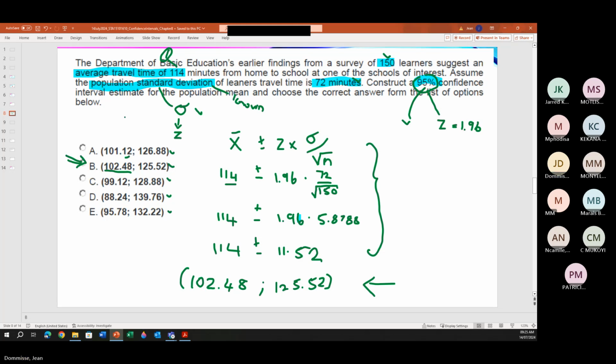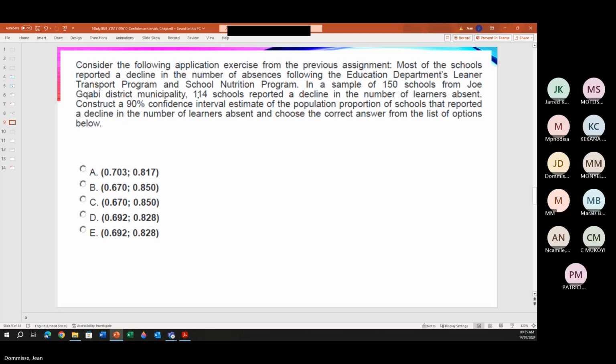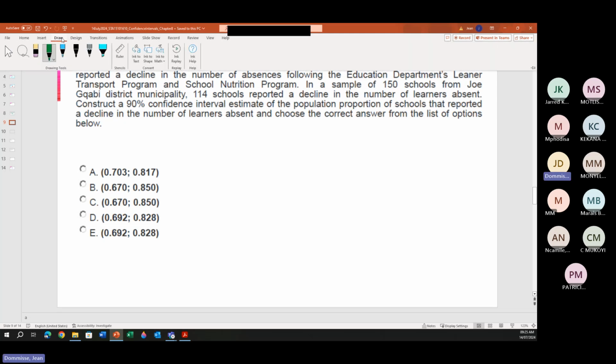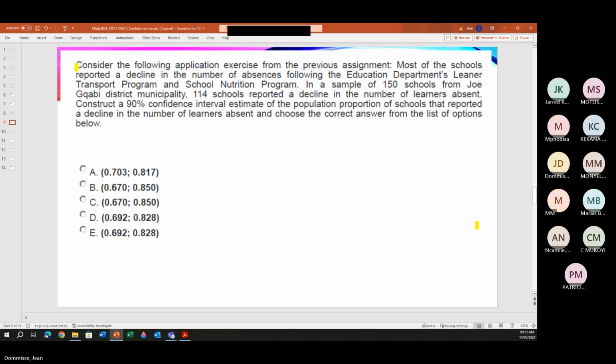Okay, now let's go to the next one. It looks very similar, but let's just make sure. Consider the following application exercise from a previous assignment. Most of the schools reported a decline in the number of absences following the education department's learner program.